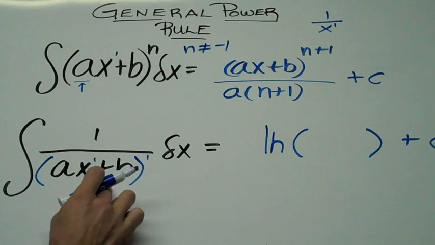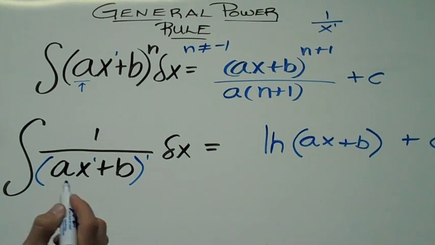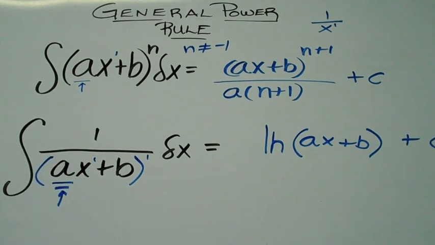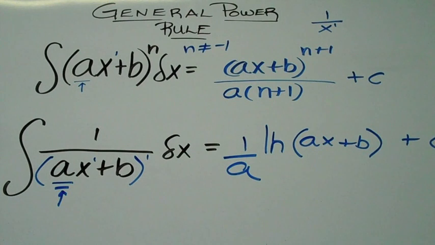Well, we don't have just x, we have ax + b, and the one extra step is, again, we have a multiplying x to the first power. We're going to have to divide now by a, or multiply by 1 over a. So it's super important to know these rules and know when to use them.